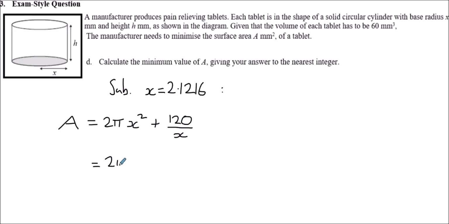So that's going to be 2 pi times 2.12 blah blah blah all squared plus 120 over 2.12, etc.